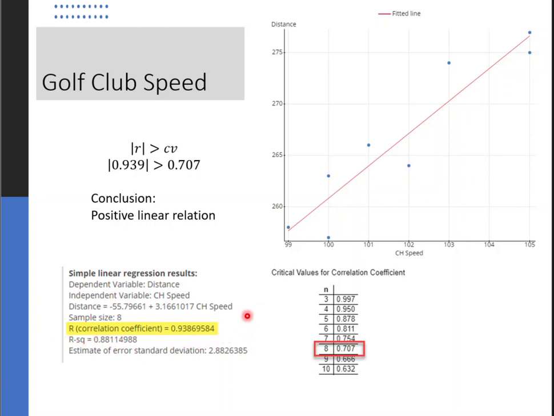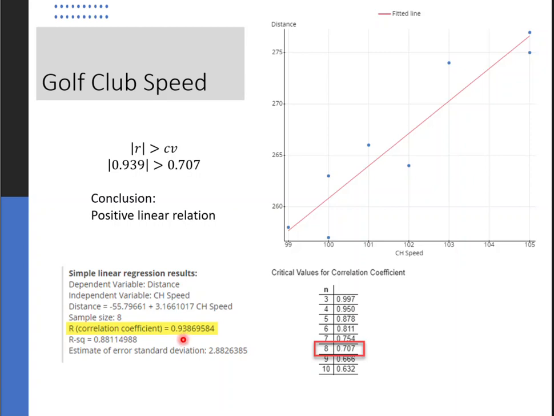So when you're looking at this, we will typically do a scatter plot to indicate direction and make sure that it's linear. We then would look at the correlation coefficient and use that value to determine the strength of the relationship as well as positive versus negative relationship.